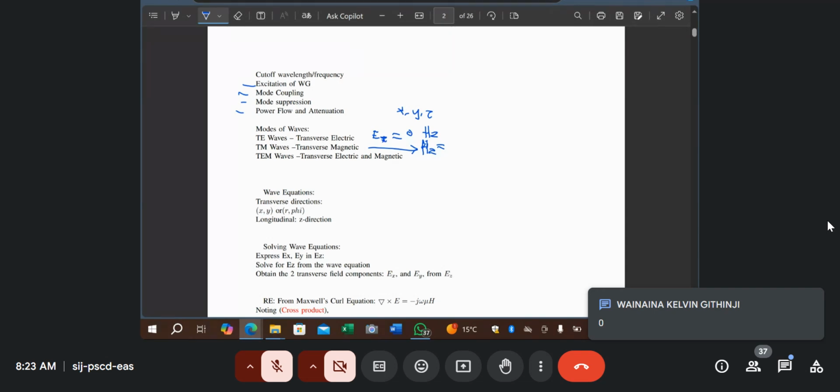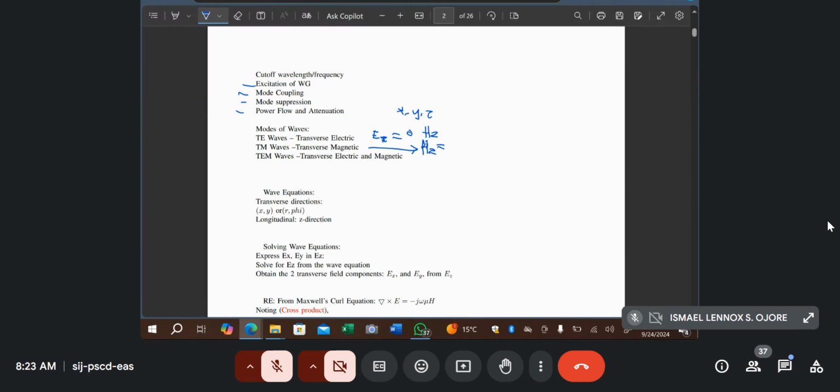Wainaina says 0. Okay, that's for the first question. But for the second one, what is the value of Hz in transverse electric? It's not 0. Not 0, correct. So Hz is not equal to 0. Here, Hz is 0. What about Ez?